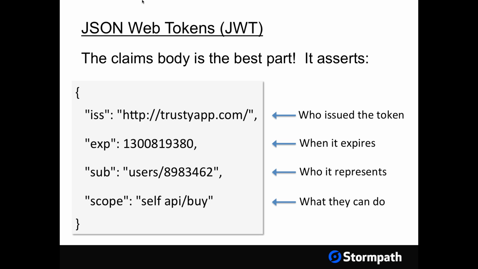So this is where I'm going to spend a decent amount of time. They call these claims because they're basically making a claim about the person or the system even that authenticated. And as with all RFCs, these common fields are recommended but not required.